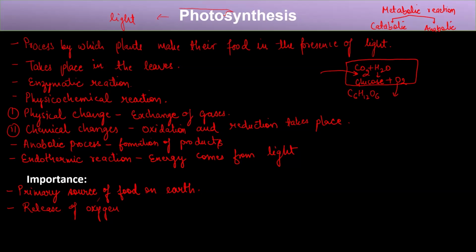Okay. Now, let's talk about the requirements. What are the requirements of photosynthesis? So, if we draw the chemical reaction, it would look something like this. Carbon dioxide plus water. Now, this carbon dioxide plus water forms what? It forms glucose.